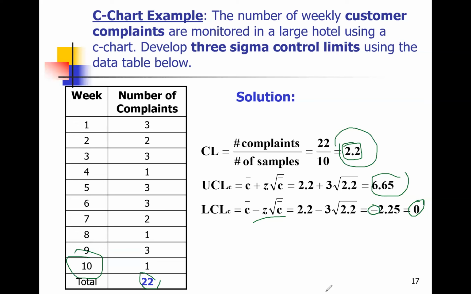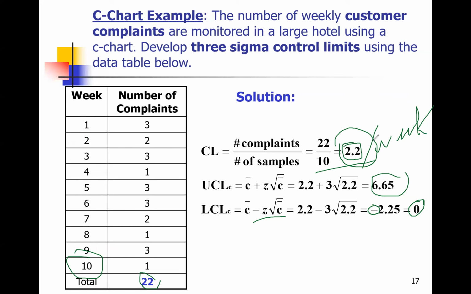As usual, how do you calculate averages? This is also a simple average: 22 total complaints divided by the time period, 10 weeks. This is the average per week.